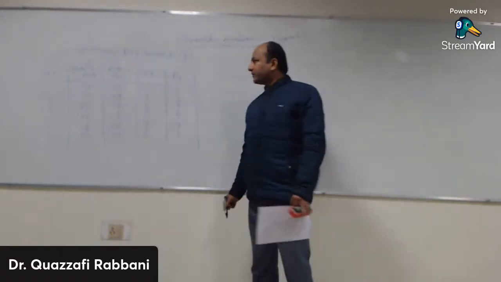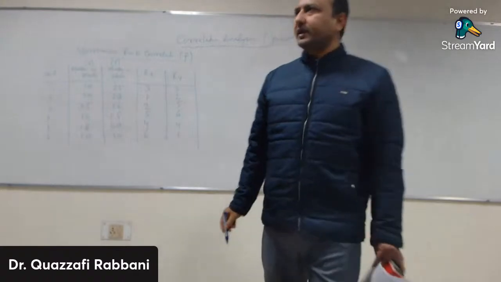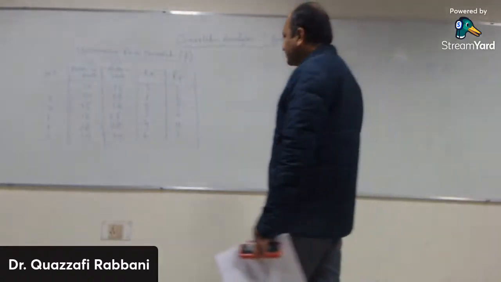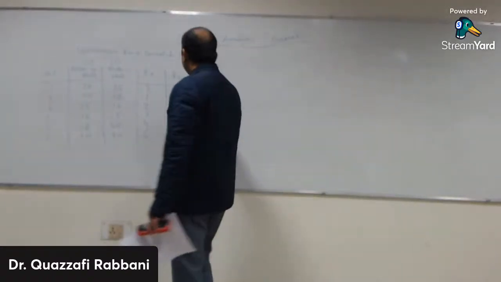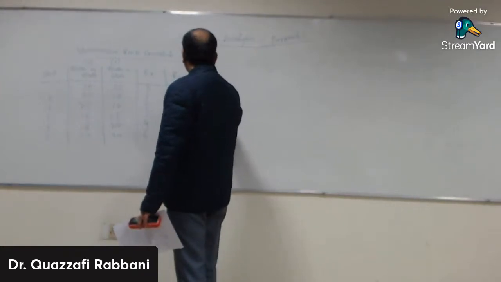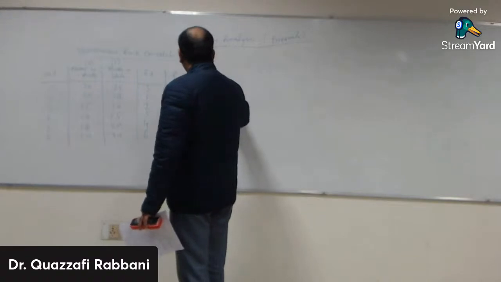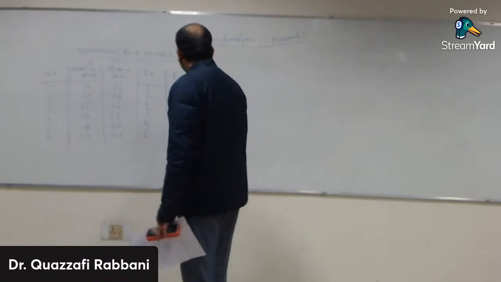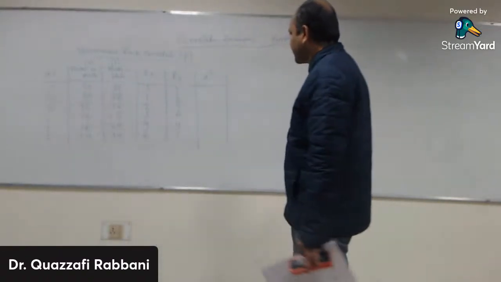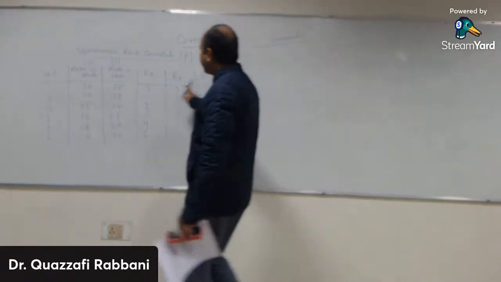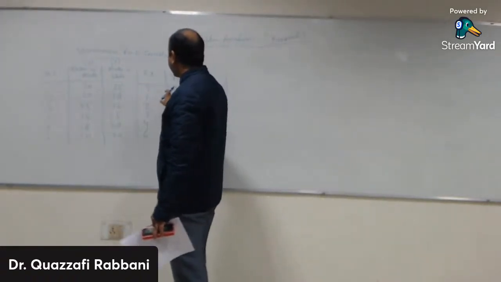So now convert these values into rank. Once we get the rank, we get D, the difference of rank. We directly obtain D square because in the formula we have D square. So what is D square? It is the square of the difference of rank.